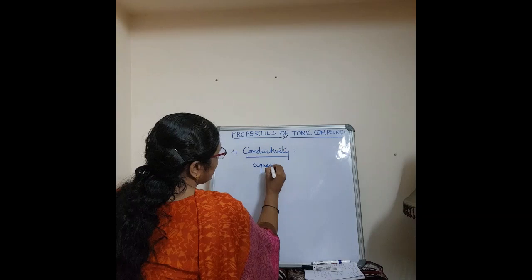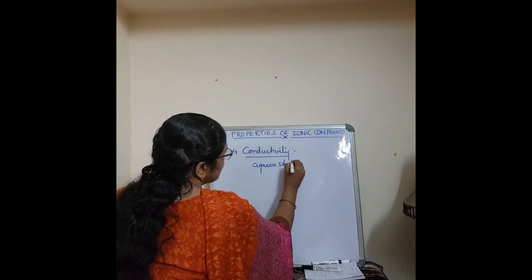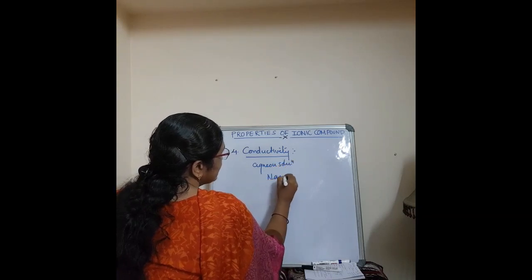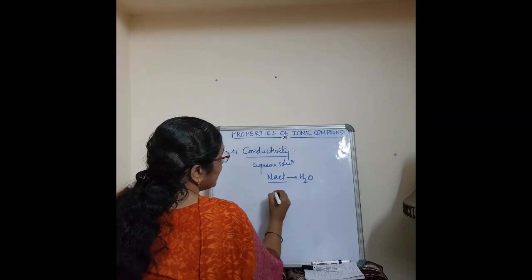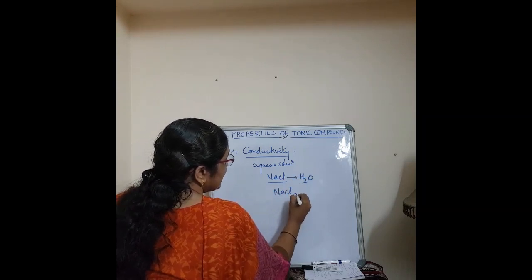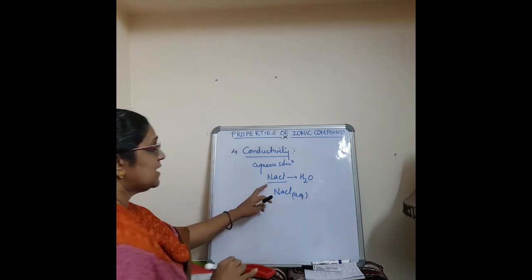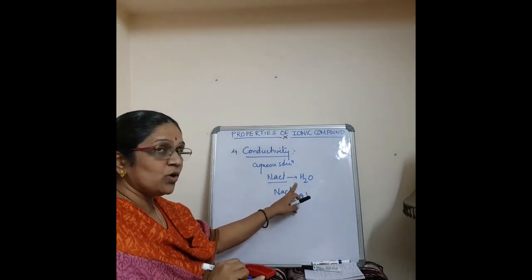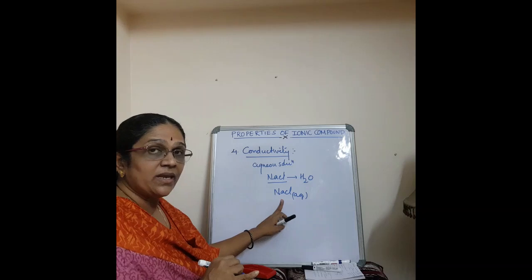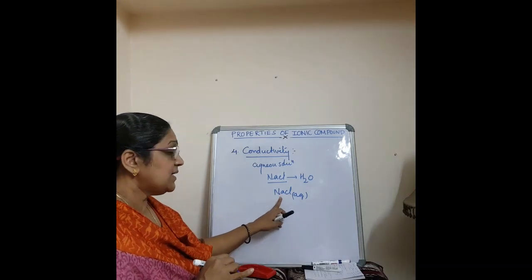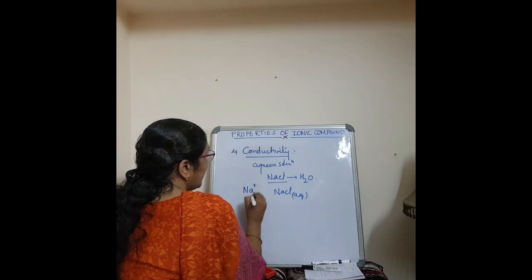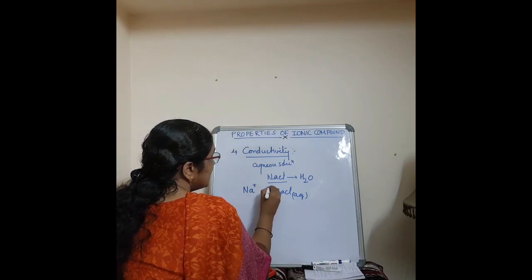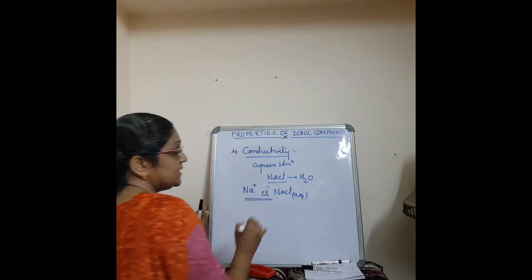Aqueous solution means what? Aqueous solution means, say, if you have NaCl salt and you dissolve it in water, we will write it as NaCl(aq). That means, when NaCl is dissolved in water, you get a solution of NaCl. Now, in this solution of NaCl, you know what are there? They are Na+ ions and Cl- ions, isn't it?